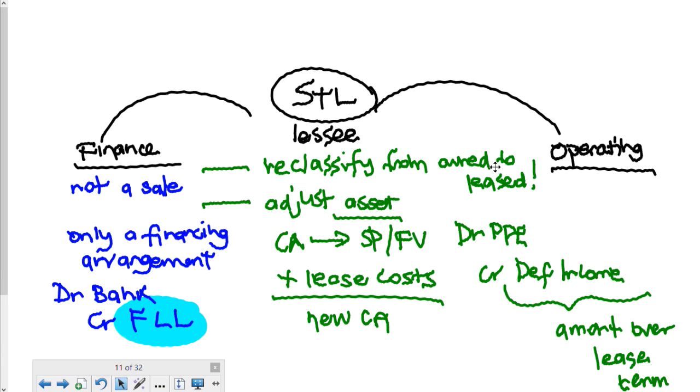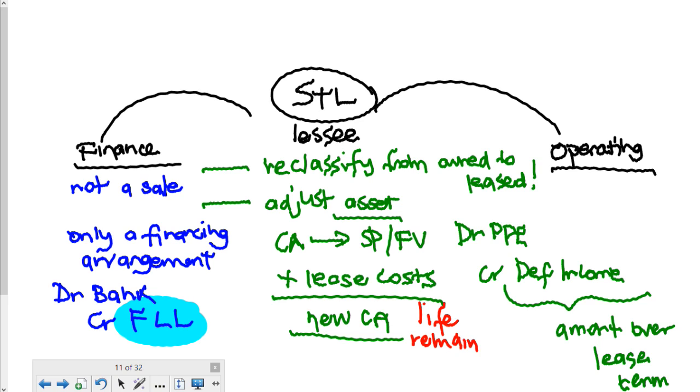So the first step is actually to reclassify the asset from owned to leased, and then I adjust the asset value. From carrying amount, I adjust it up to selling price. I add the lease costs, and I have a new carrying amount. This new carrying amount, I have to determine a life at this stage. Remaining life. Yeah? Life remaining.